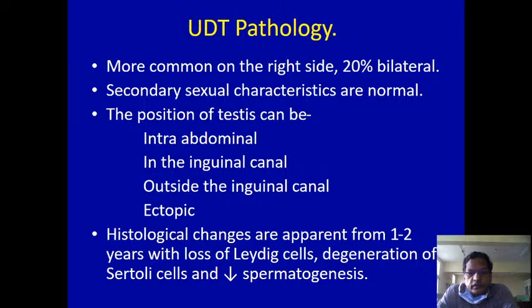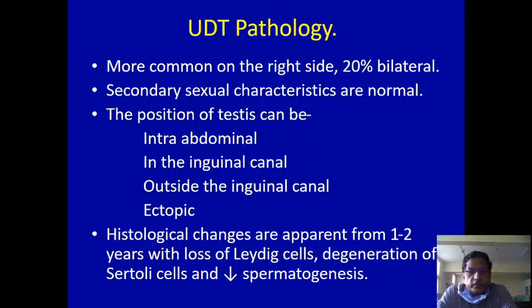If you see and palpate the undescended testes, usually it will be of the same size as the other descended testes before the onset of puberty. So externally, macroscopically, there are not much changes between the descended and the undescended testes as far as the size is concerned.